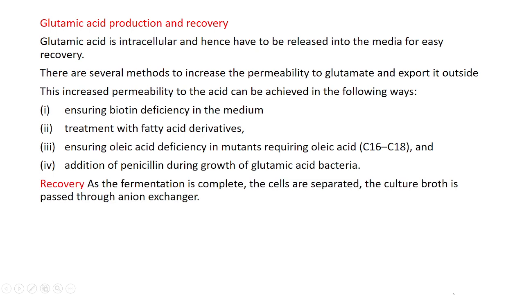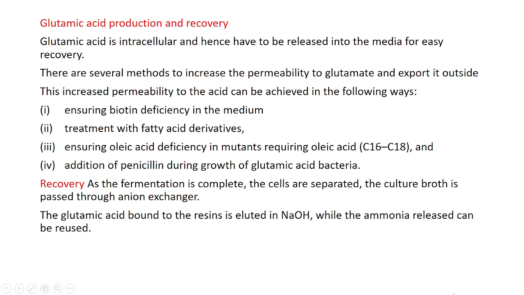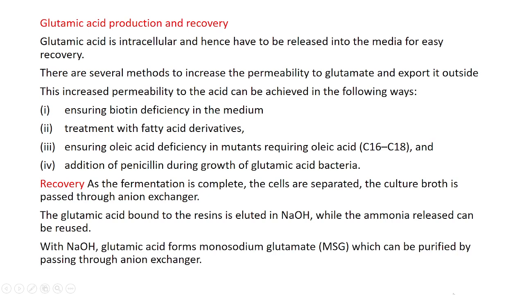The recovery: as the fermentation is completed, the cells are separated and the culture broth is passed through an ion exchanger. After it is passed through the ion exchanger, the glutamic acid is bound to the resin, and now this bound resin is eluted out with sodium hydroxide, and ammonia is released.